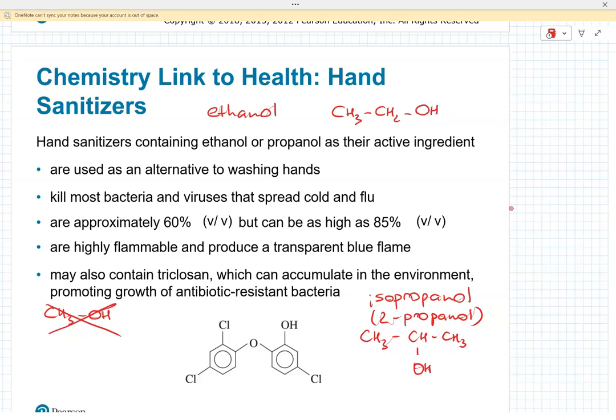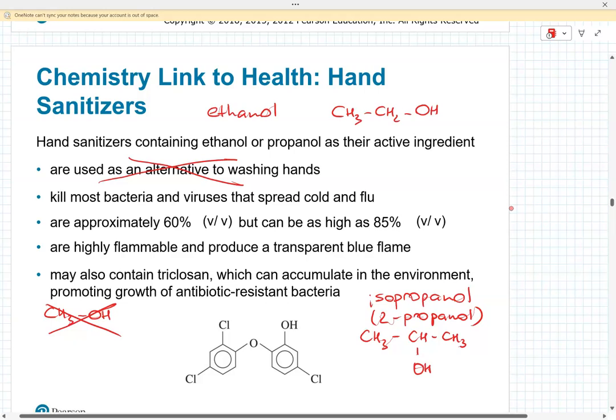So now I'm going to turn on a slightly different regimen, which is a microbiology teacher regimen. Okay. It's not an alternative to washing hands. It complements hand washing. They do kill most bacteria, they kill some viruses.